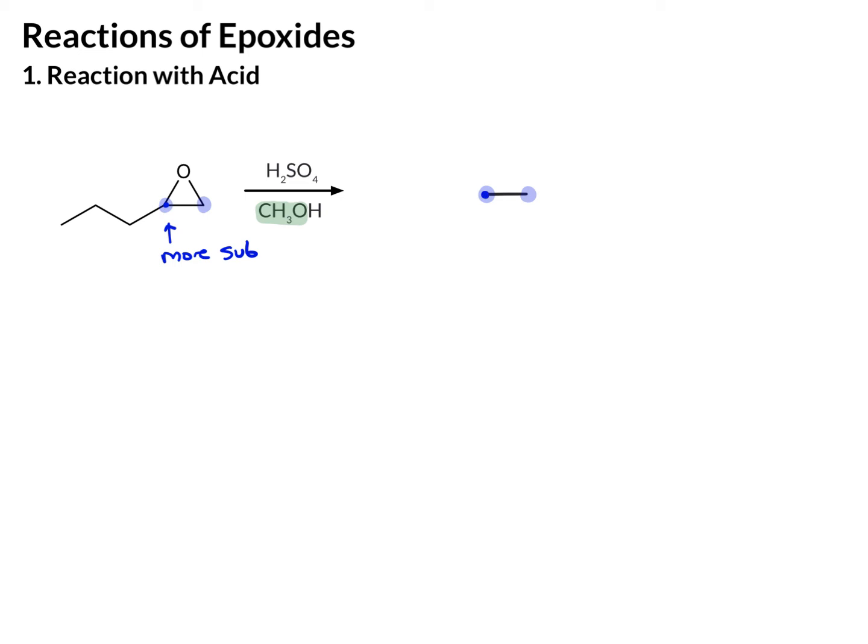And let's draw in the rest of the carbon chain. We have 3 carbons attached here. Now, when that epoxide gets opened up by the nucleophile, on the right side, we're going to end up with the OH. On the left side, we're going to have our nucleophilic group, which in this case is OCH3.